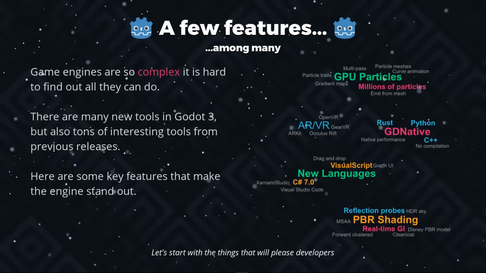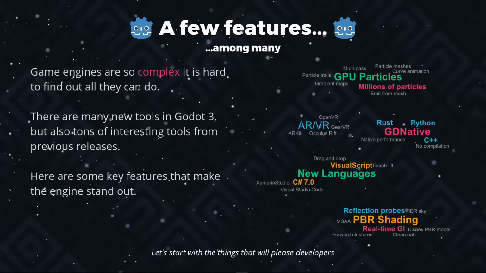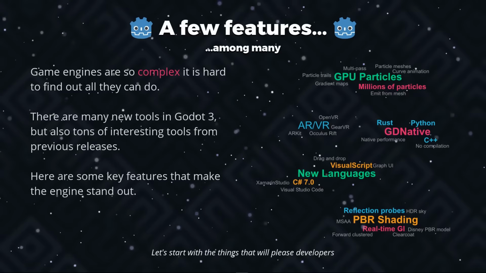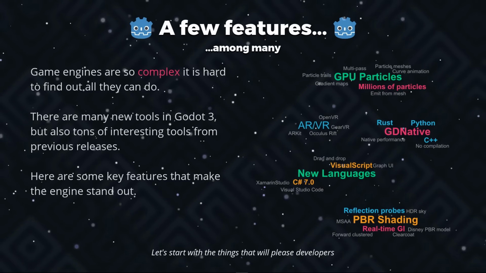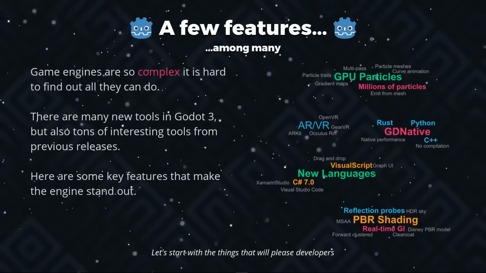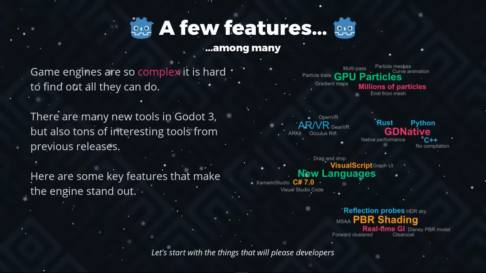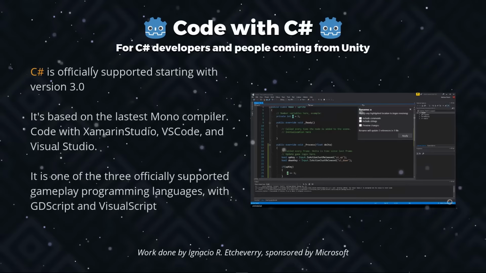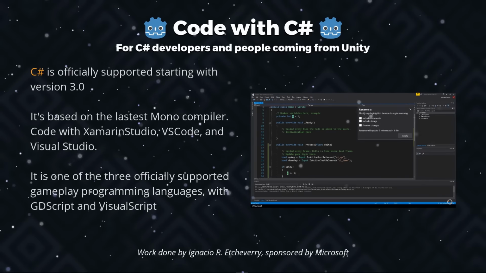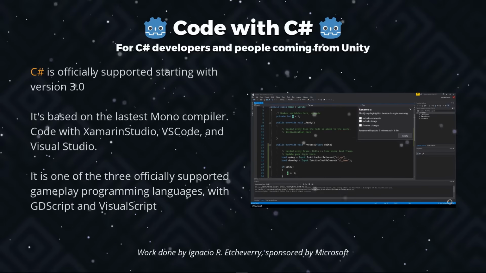They do tons of things for you nowadays, but there are many new tools in Godot 3 that are worth talking about, and also lots of interesting features that were available already in Godot 2 that you may not know of. So here are some key features that make the engine stand out, starting with the ability to code in C#.